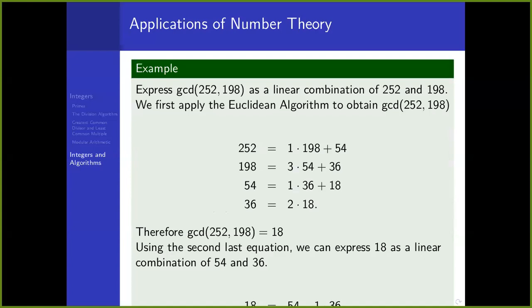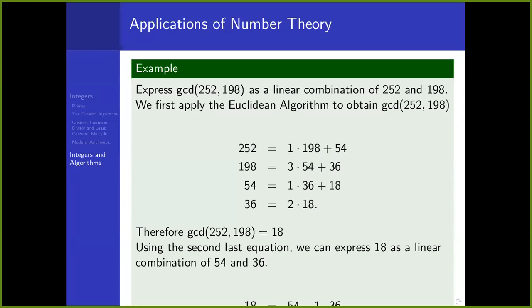So we can use that to express the GCD of 252 and 198 as a linear combination of the two numbers, 252 and 198. So I need to find two numbers, one I can call S and the other one I can call T, such that the GCD of 252 and 198 will be equal to S multiplied by 252 plus T multiplied by 198.